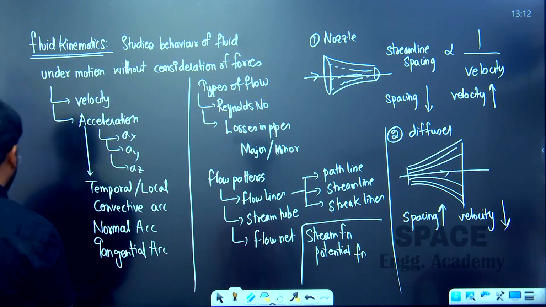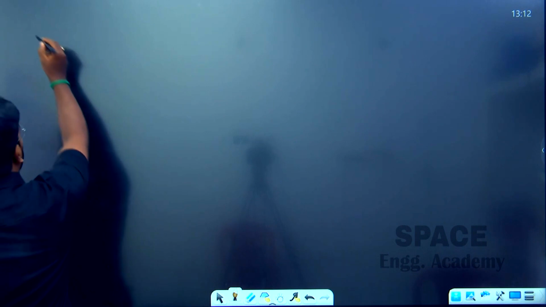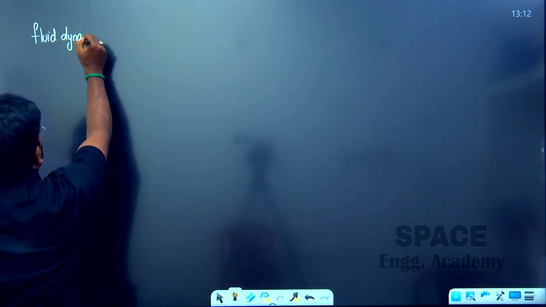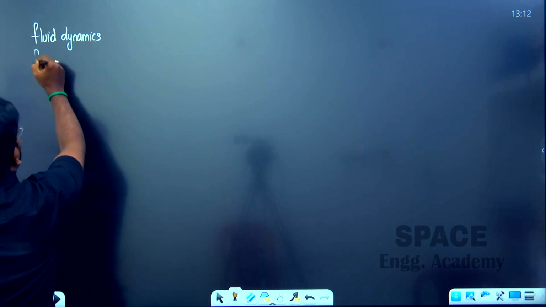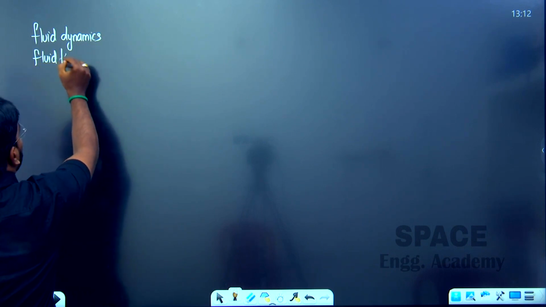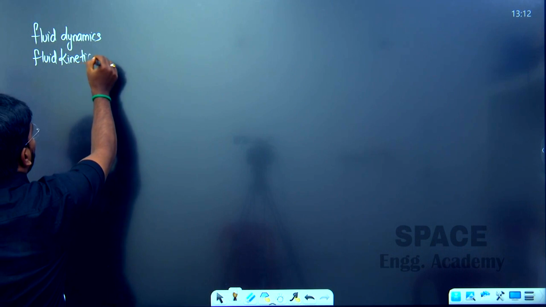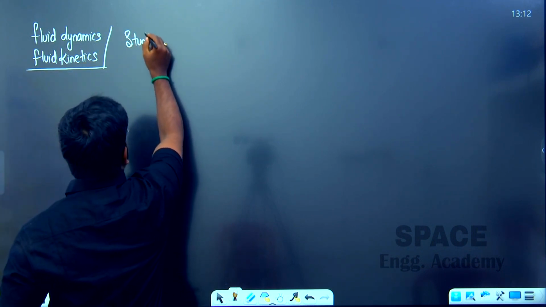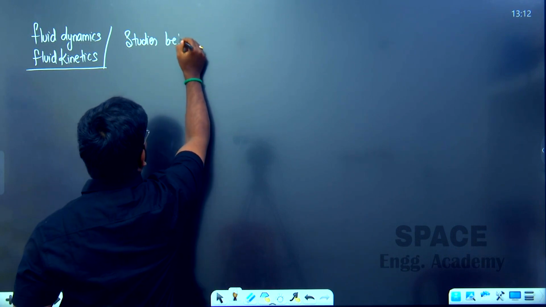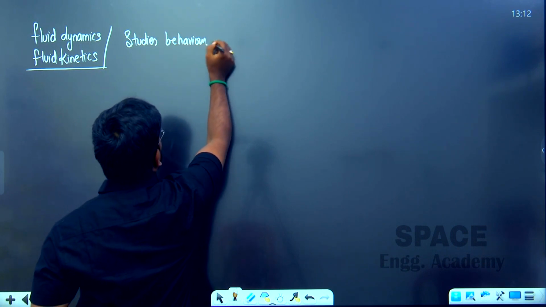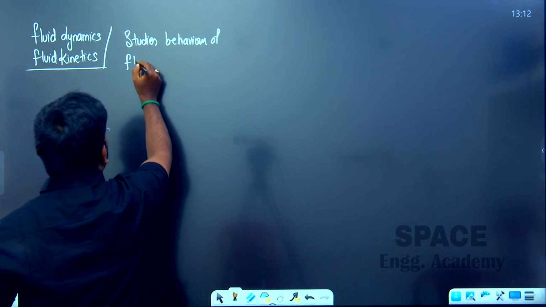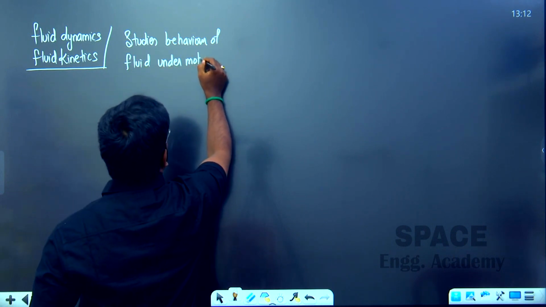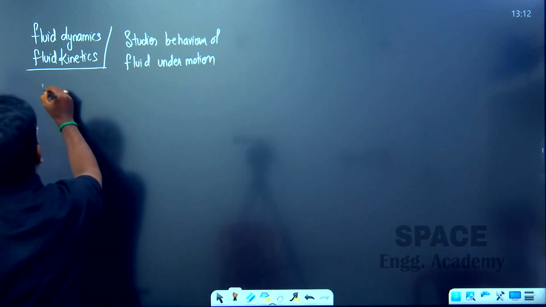Followed by that, the next concept in the introduction is fluid dynamics, or fluid kinetics. In this chapter, what are we going to discuss? This chapter studies the behavior of fluid under motion with the consideration of forces.